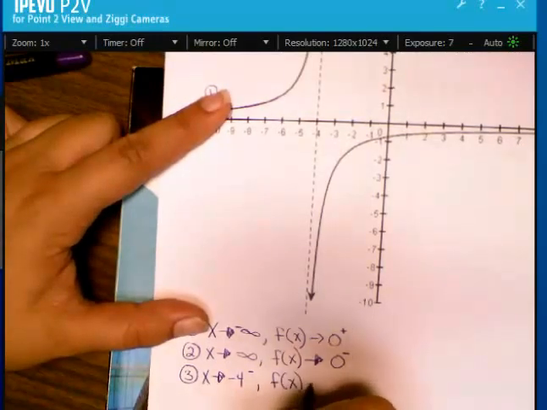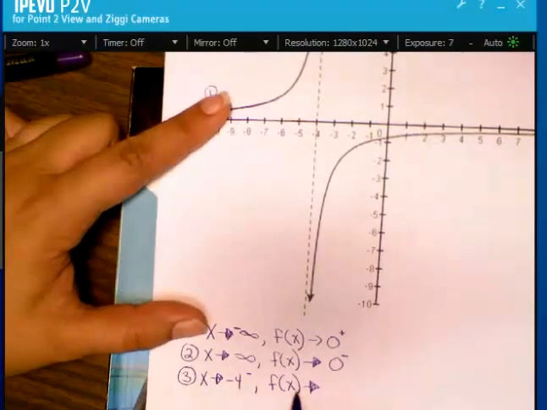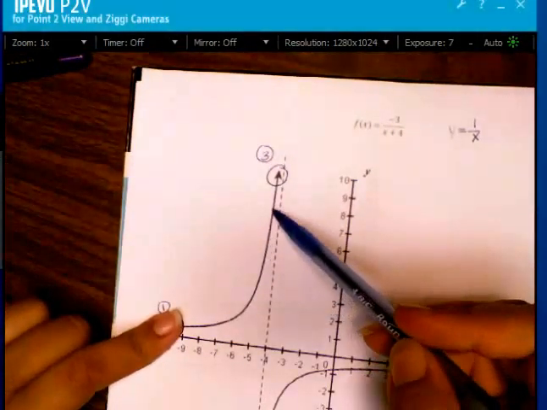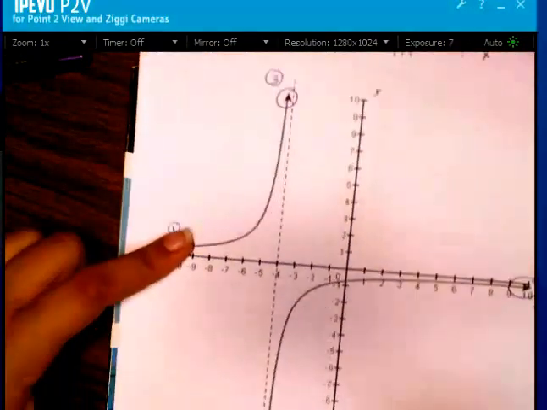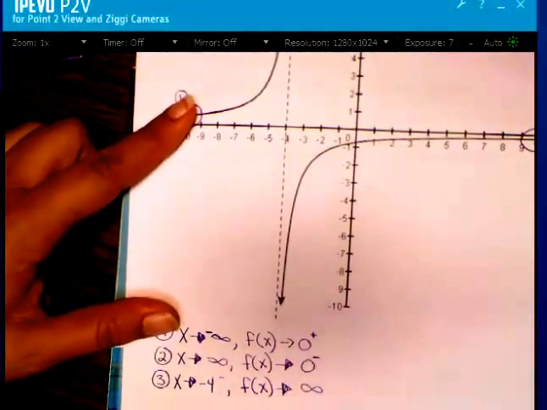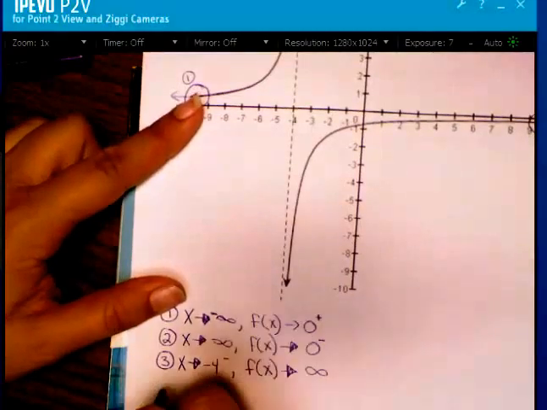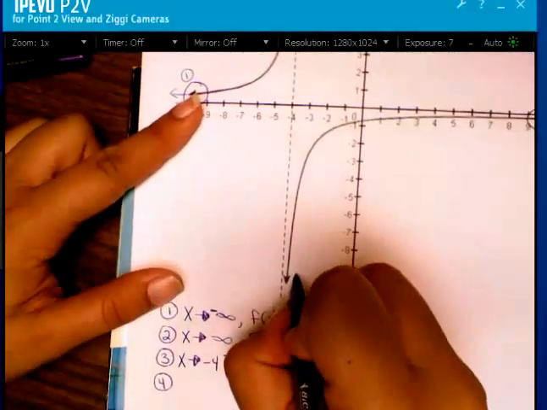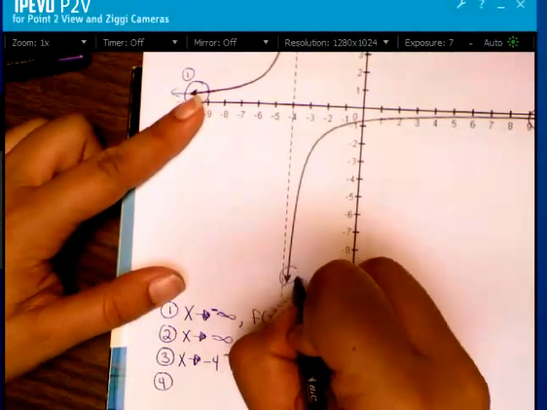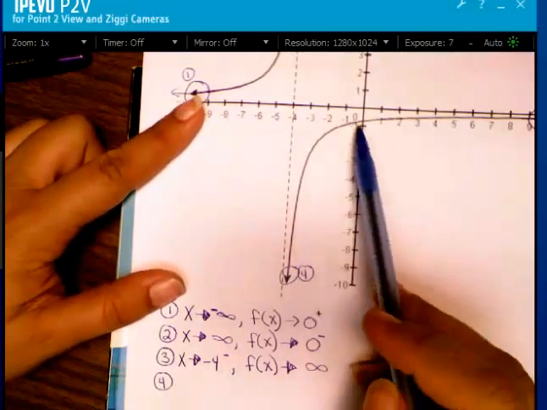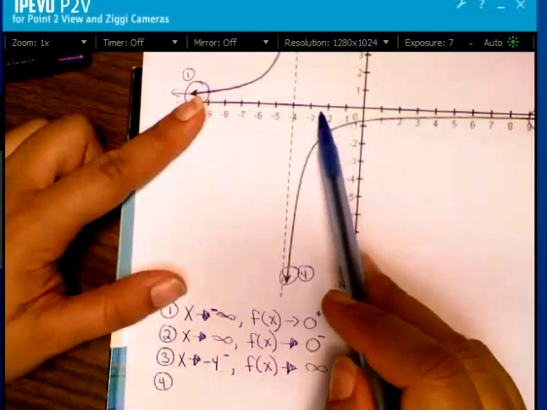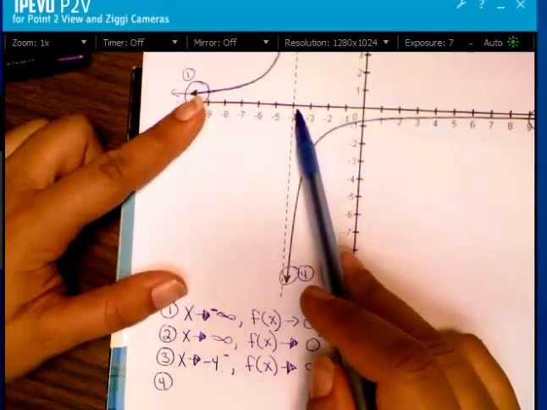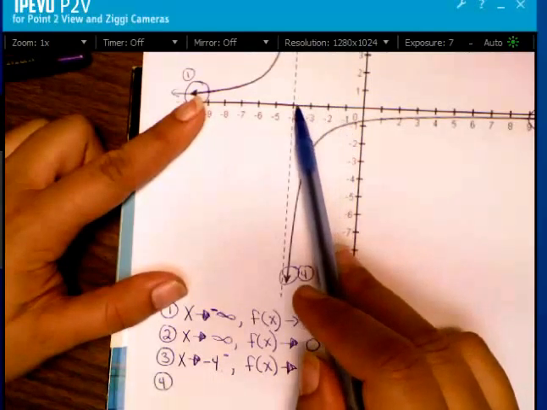Okay, and then we want to see as x is approaching -4 from the left, the y values, you can see as we trace this function, the y values are getting larger and larger. So that means that they're going to infinity. Okay, and then the fourth end behavior is this end behavior right here. So as I'm tracing this function, these x values are getting closer and closer to -4, and they're approaching from the right.